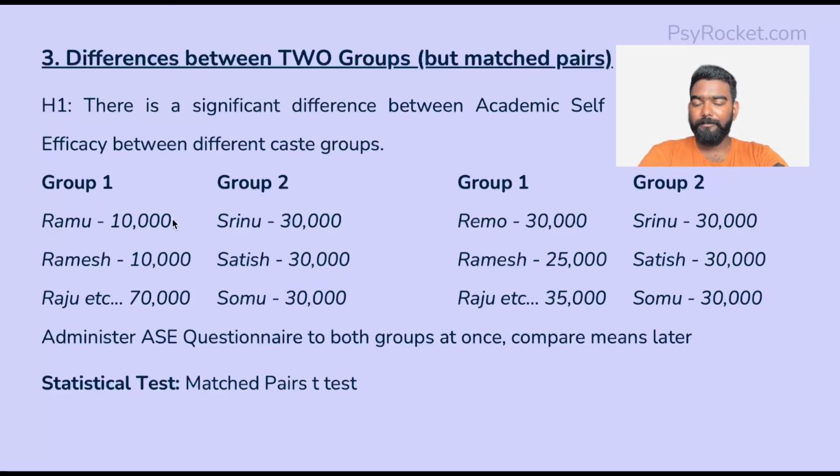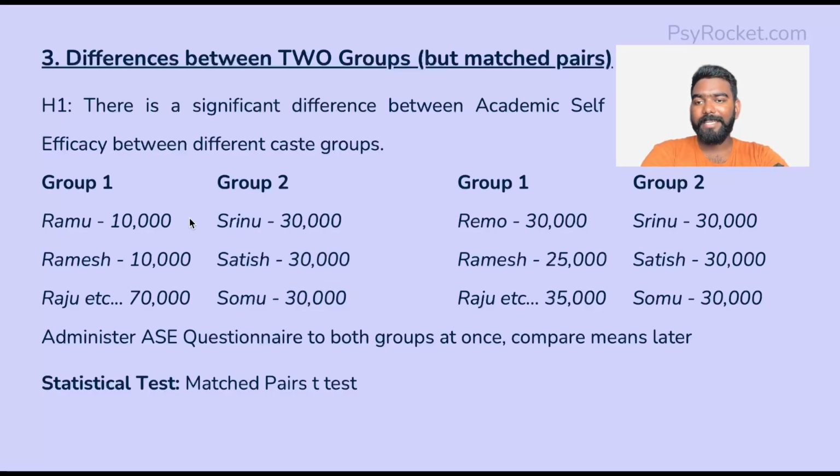If you carefully observe, in group 1 the average income is 30,000: 10, 10, 70, that is 90,000 divided by 3 equals 30,000. In group 2 also the average is 30,000. But in group 1 they do not have nearly equal incomes, whereas in group 2 almost all of them have equal income.